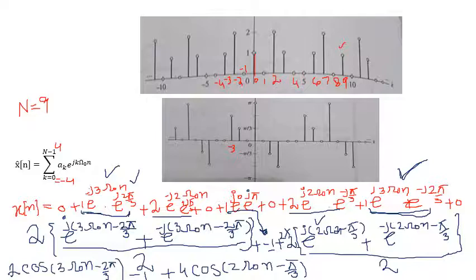Okay, so this is how you can use the discrete Fourier inverse transform to obtain the time domain signal, right? So here we are given the frequency domain signal. This is the magnitude response for that, and this is the phase response for that.